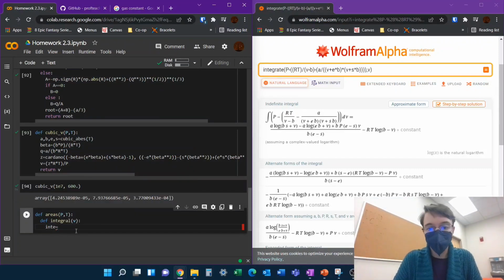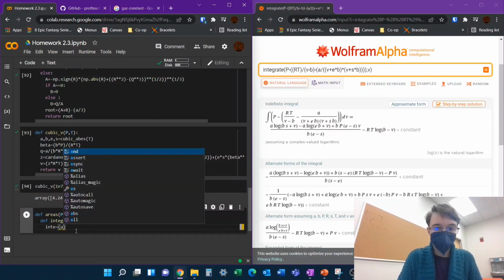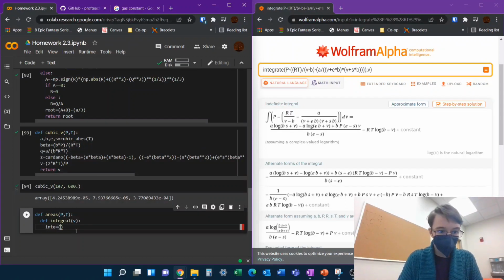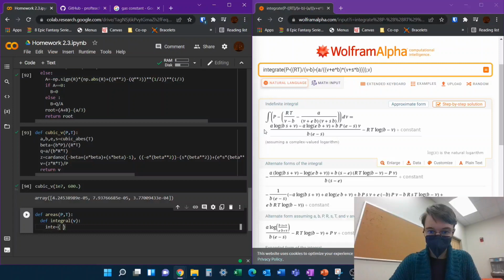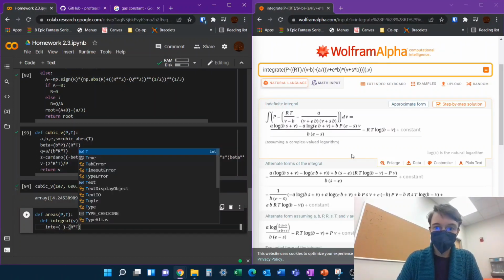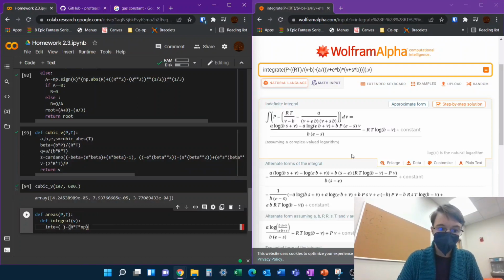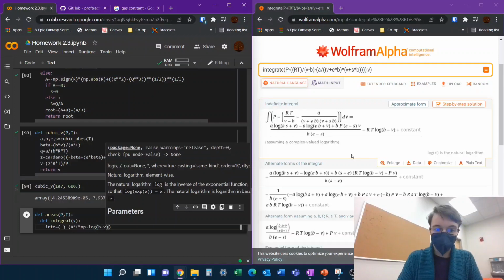It's going to be equal to A. We're going to want giant parentheses around this entire fraction, and then minus this out here, so we'll write that so we don't forget: gas constant times temperature times np.log of B minus V.